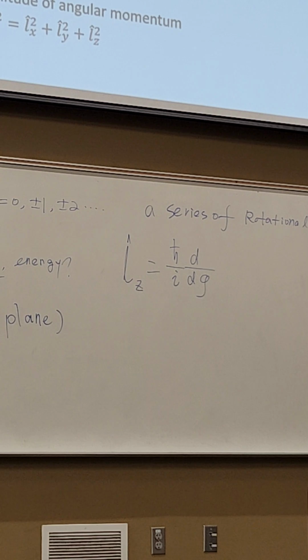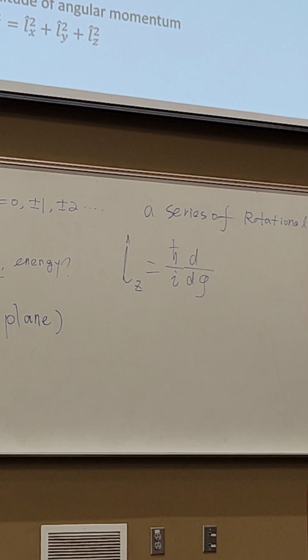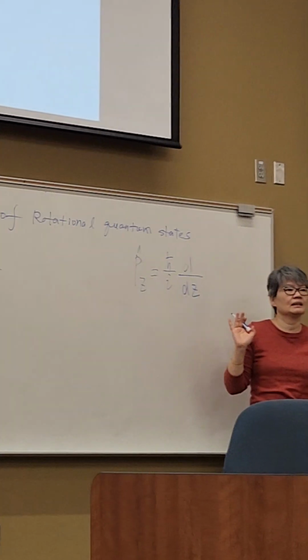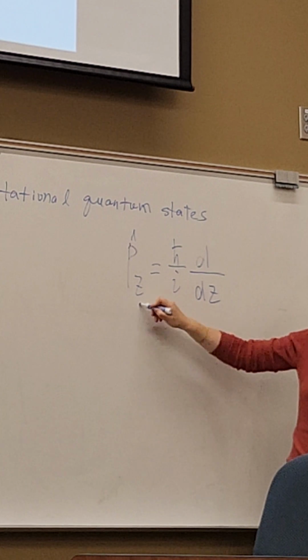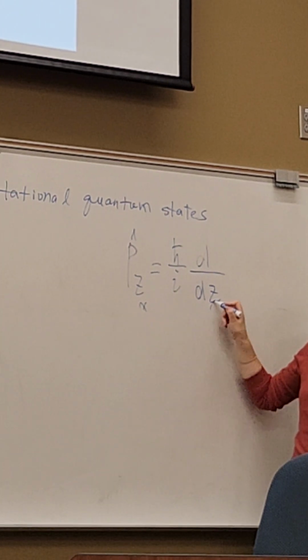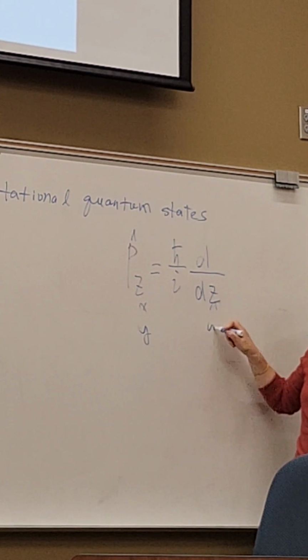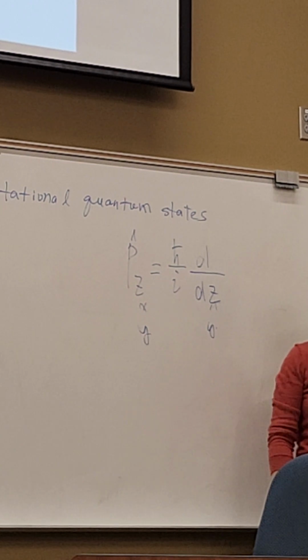It is h bar over i, a constant, then what you have is the derivative with respect to that position axis. Now, if it's z, it will be d/dz. If it's x, it will be d/dx here. If it's y, it will be d/dy here.